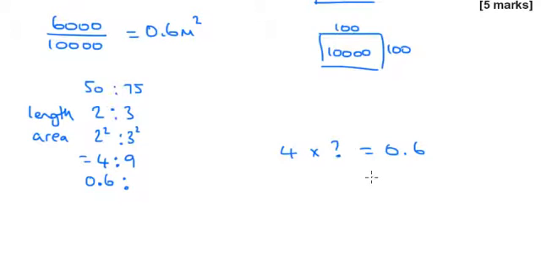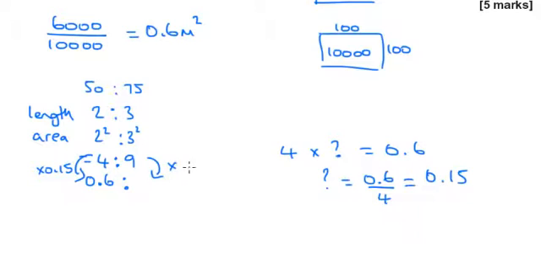Well, if we divide by 4, 0.6 divided by 4 is 0.15. So we must be timesing by 0.15 to get from there to there. So that's what we times by on this side, 0.15.